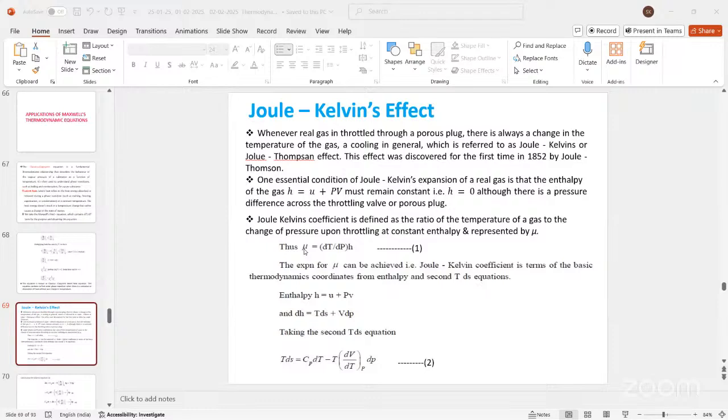First we have to know the meaning of throttling. Here one word we are taking, throttling at constant enthalpy, and it is represented by mu. What is throttling?